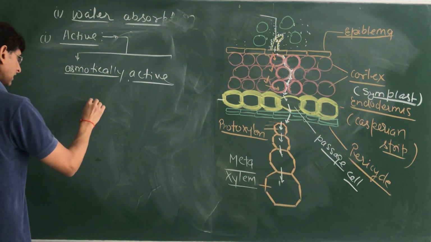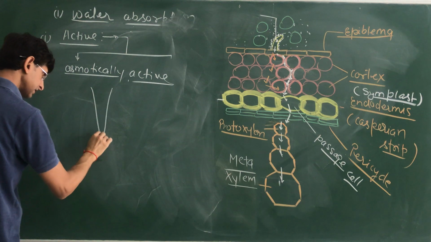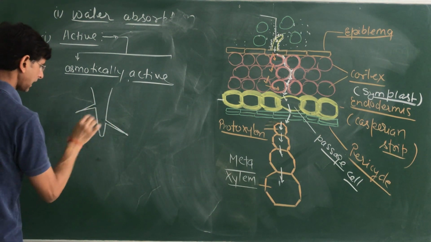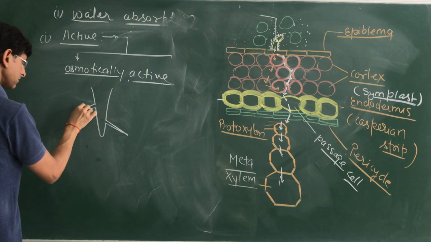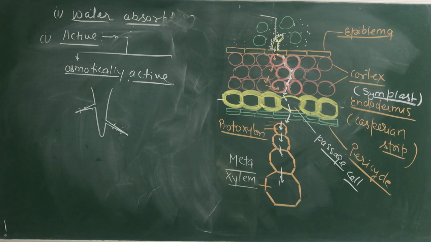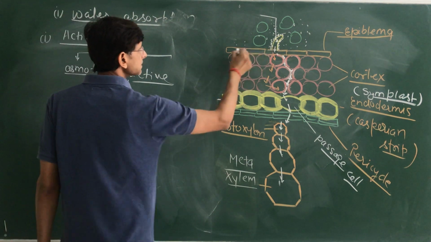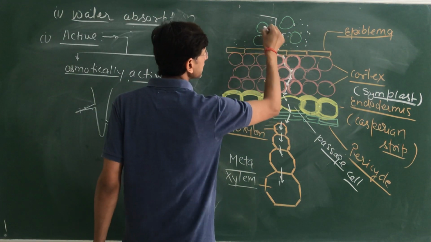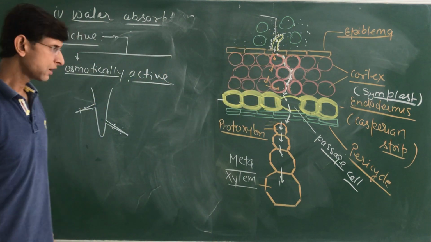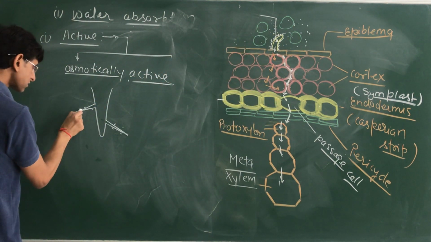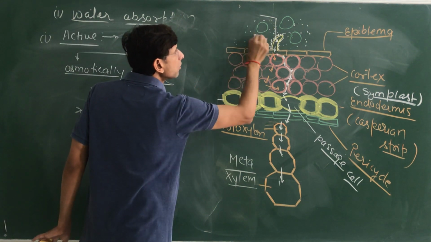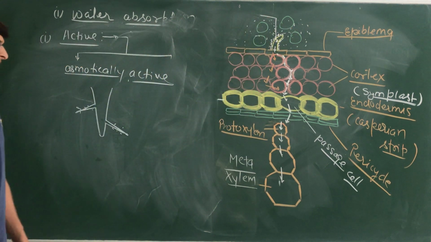Look, if this is a root and these are little branches of roots, and these are very tiny root hairs present in the root. Like this is the epidermis of the root and this is a root hair, and these are soil particles and this is water present around them. So when this root hair, or the cell of the root hair, comes in contact with soil water, what happens?